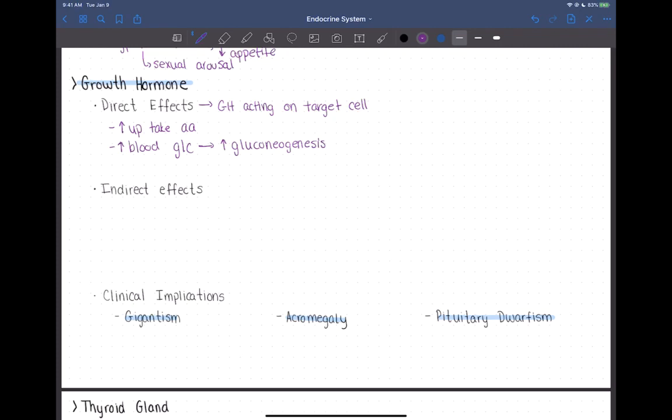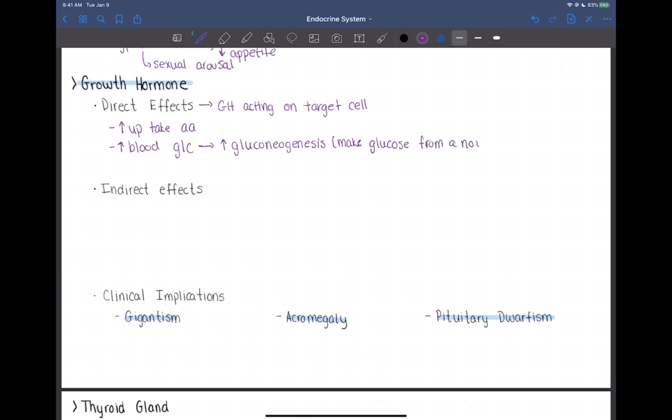So you may have heard that term in A&P 1. You may have not. But gluconeogenesis, in simple terms, is making glucose from a non-carbohydrate.